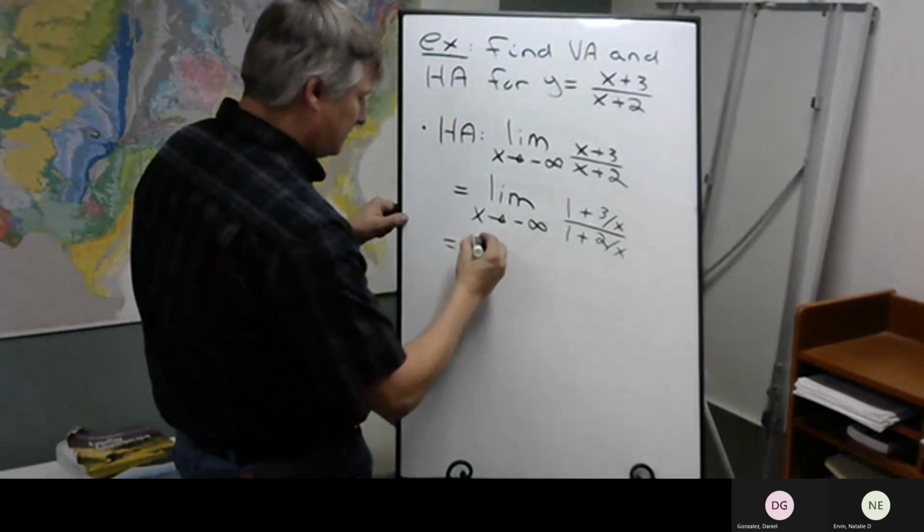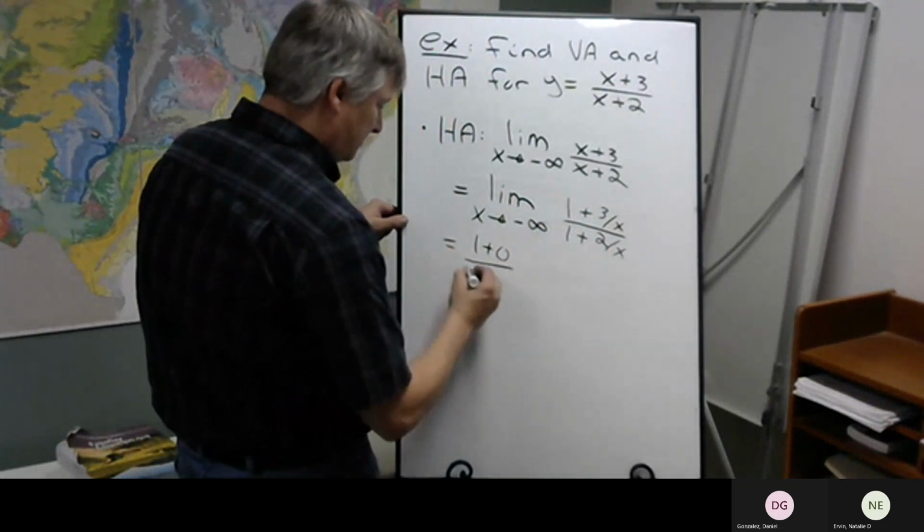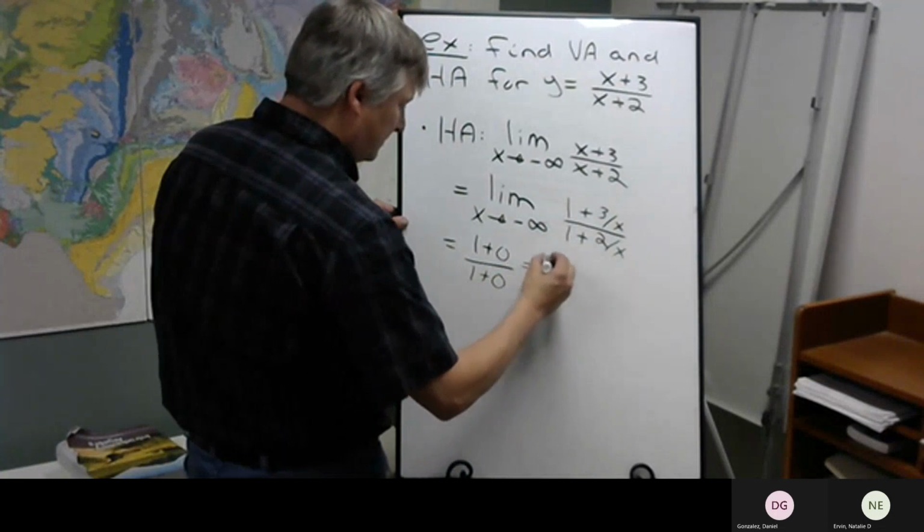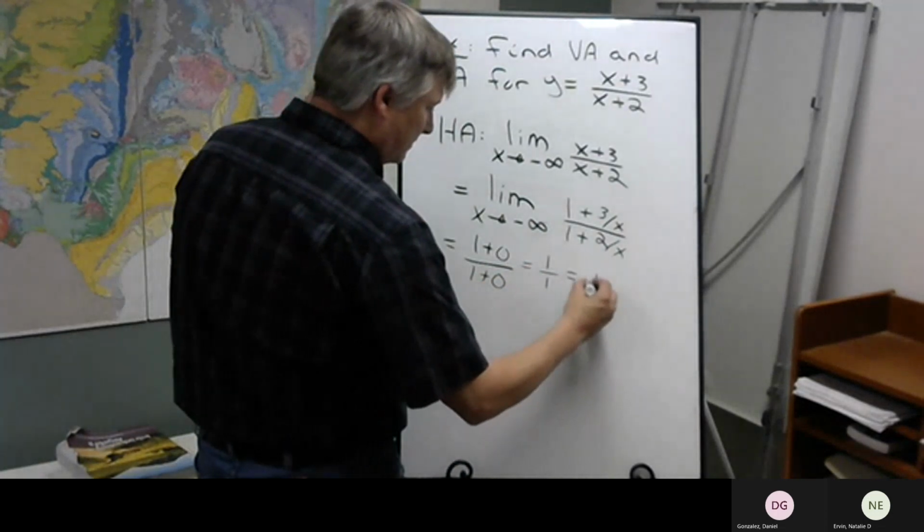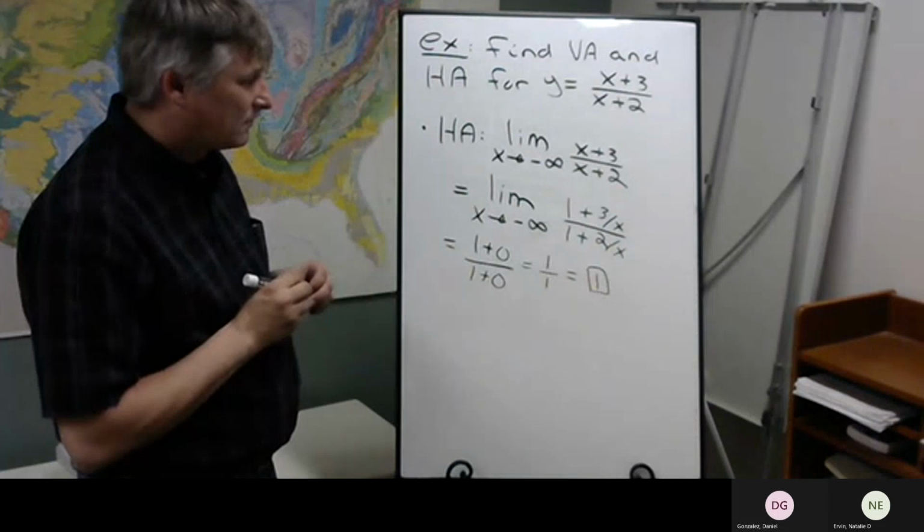And what we're going to get is 1 plus 0 over 1 plus 0, 1 over 1. And again, we're going to get 1.